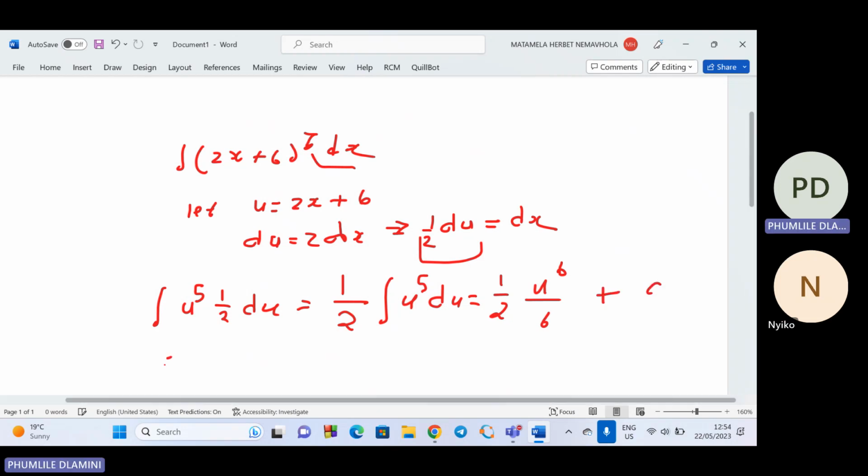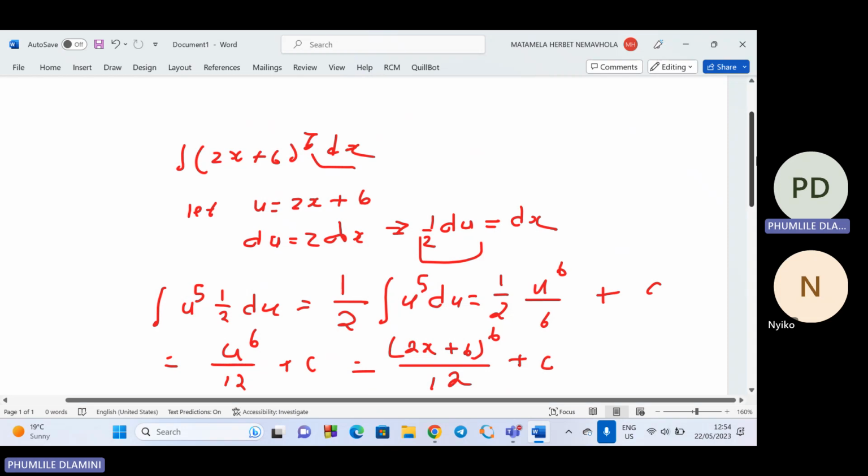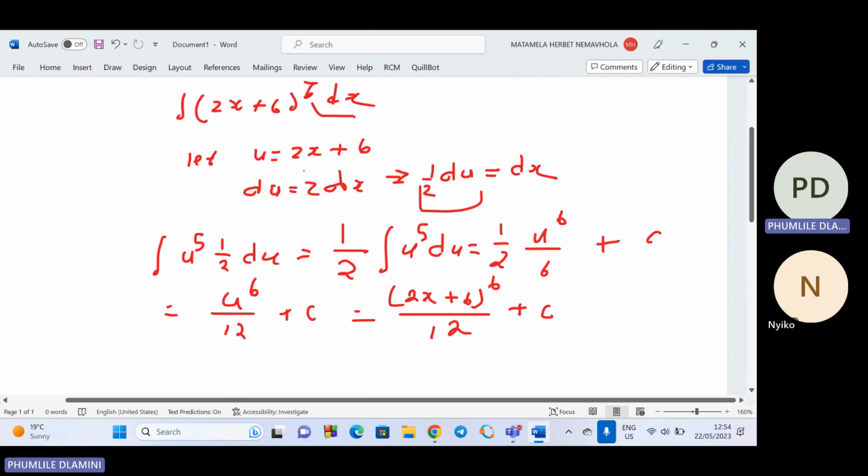If we simplify further, this is u^6 over 12 plus a constant. If you substitute back u = 2x + 6, it is (2x + 6)^6 over 12 plus c. So this is how we use integration by substitution.